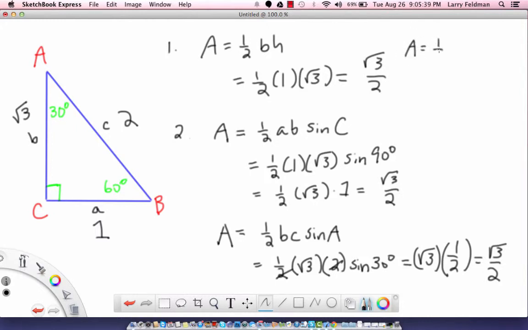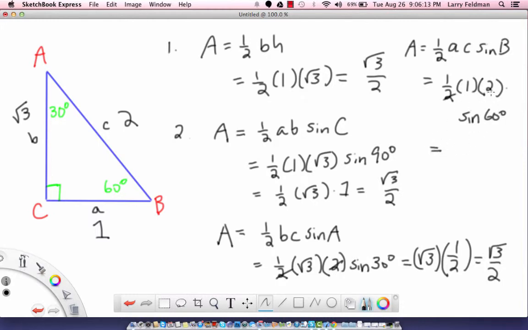Let's come up here and do the last case. Area equals 1/2 AC sine B, which is 1/2 times 1 times 2 times sine of angle B, which is 60 degrees.